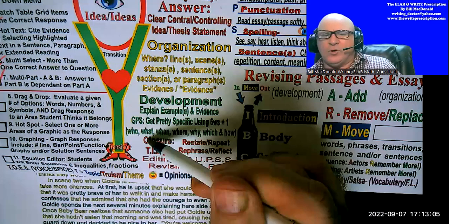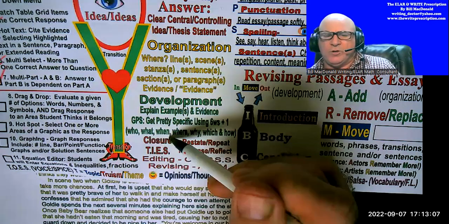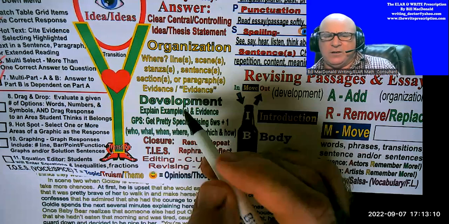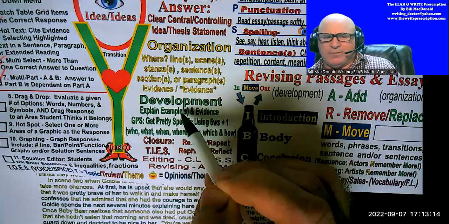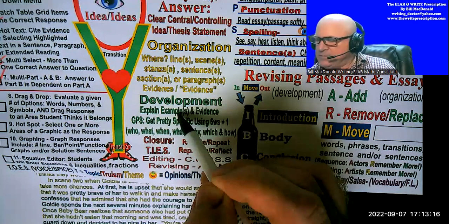I'm going to be able to go from a 2 to a 3 by using the examples and the evidence to explain what I mean. Okay?